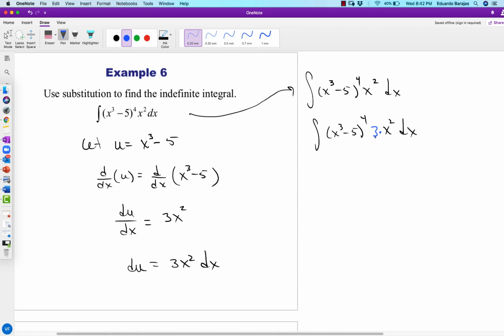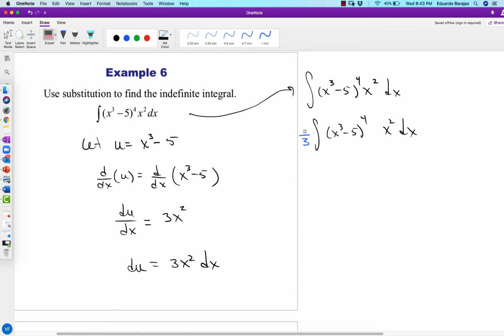Now you can't just go around introducing or multiplying by 3 unless you also balance it out. And so I'm going to balance it out by multiplying by 1/3 as well. Right? This 3 and this 1/3 cancel out, they just become a 1. Or if you like, we can also think of it this way.